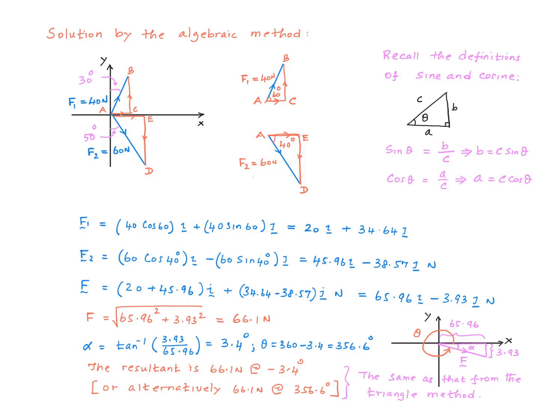So you can either express the resultant as 66.1 Newton at minus 3.4 degrees, which is by measuring the angle in the clockwise direction from the positive x-axis, or 66.1 Newton at 356.6 degrees, which is by measuring the angle in the counterclockwise direction from the positive x-axis. Either way is acceptable. We also note that this result is the same as that we got from the triangle method.